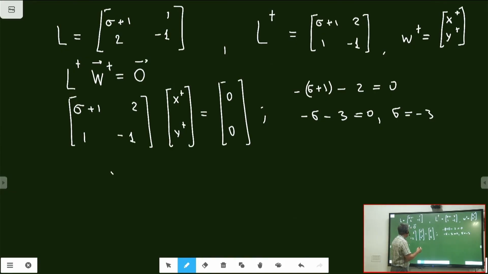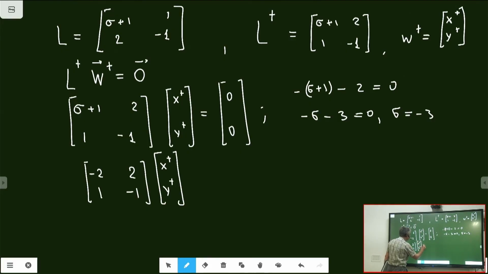Okay? So if sigma is equal to minus 3, substituted back, I will get [[-2, 2], [1, -1]] times (X dagger, Y dagger) is equal to (0, 0).